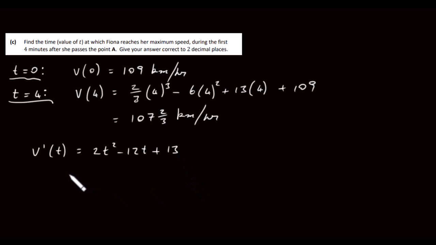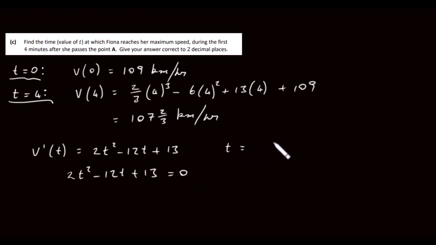So let's let that equal 0. 2t squared minus 12t plus 13 equals 0, to see if there's a time between 0 and 4 where there is a maximum, a local maximum. So let's see, we can't factorize this, I think. No, we're not going to be able to do that. So we're going to have to use the quadratic formula.